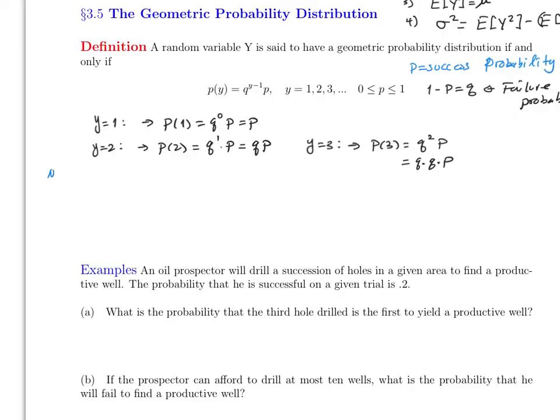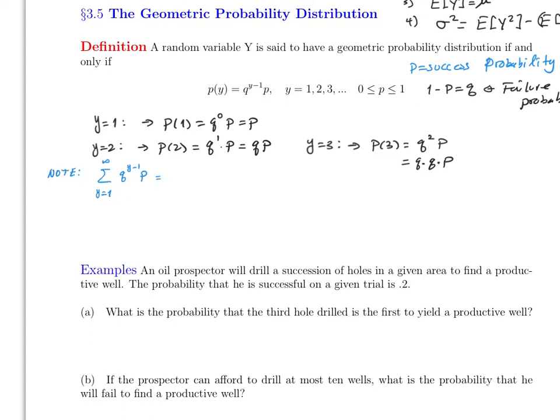Okay, so now note this. If you sum all the probabilities, remember you're supposed to get 1, otherwise this is not a random variable. So here we go from y equals 1 to infinity of q to the y minus 1 times p. This should give you 1. So let's see if that's the case.